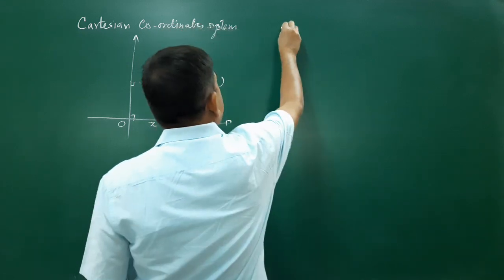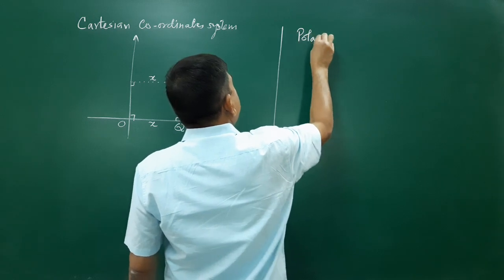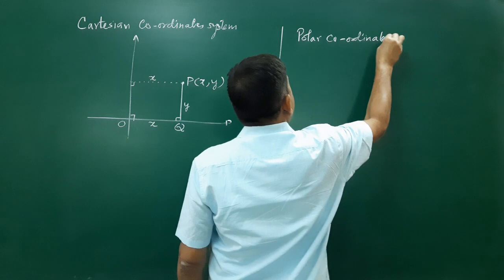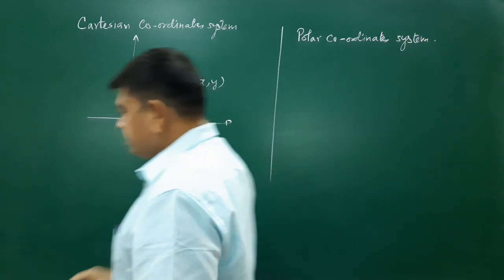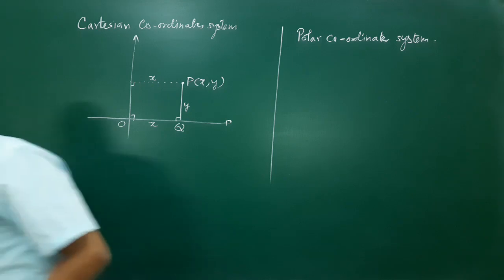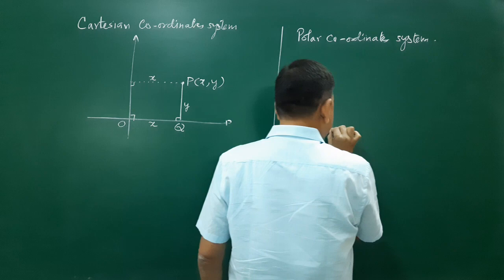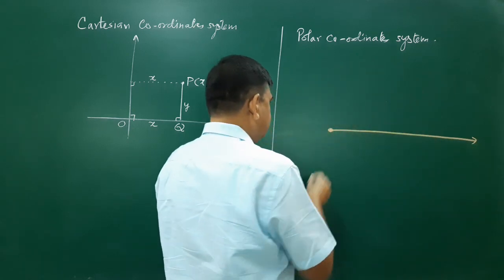And second one, you people know, polar coordinates system. In this system, we use a single horizontal line with a fixed point O. Here it is.